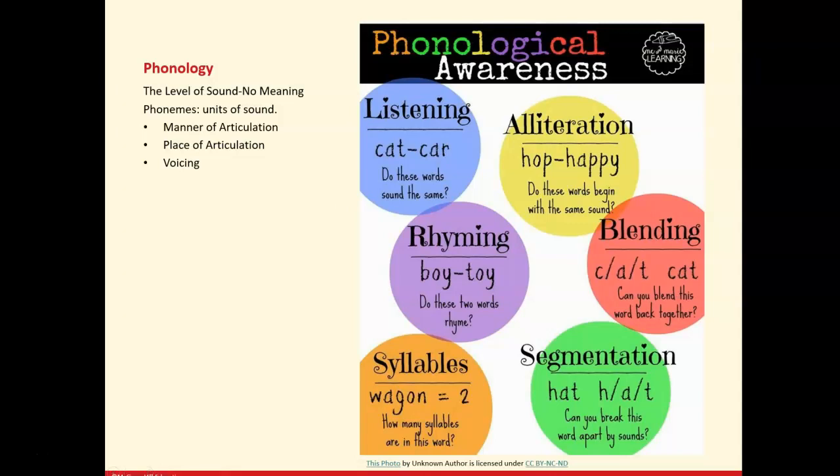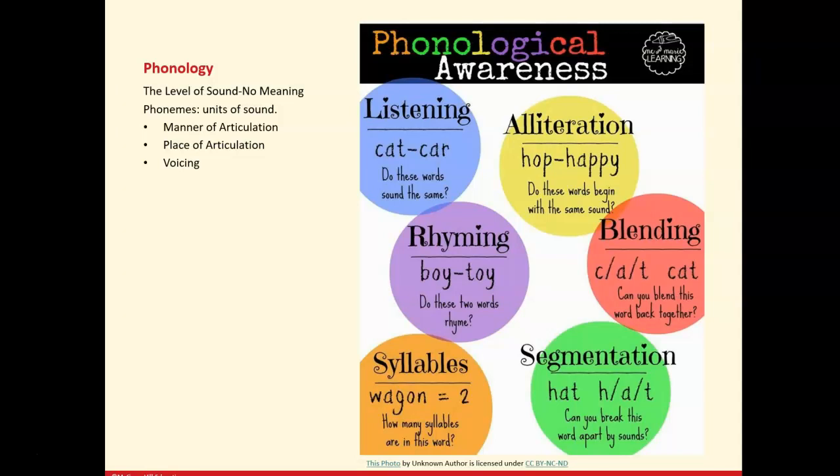This is where language has no meaning. We're just talking about the sounds themselves. And those units of sounds are referred to as phonemes. So you think of the sounds like ba, pa, da, ta, hua. Those are all phonemes. They have no meaning. They're sounds that we use to create words.